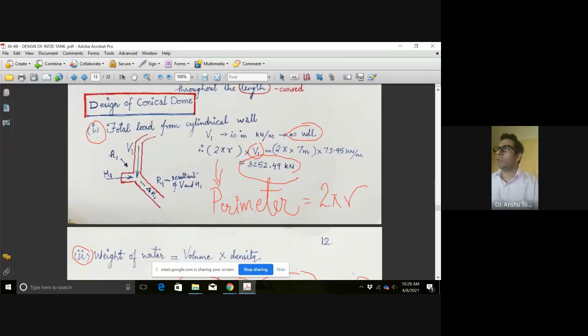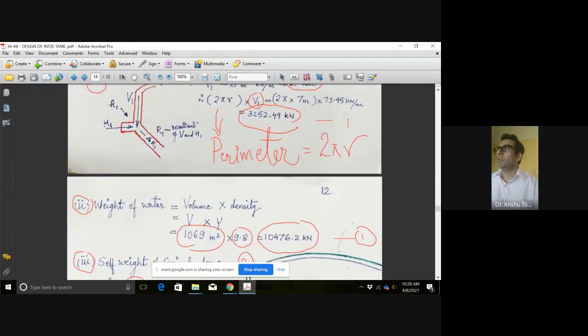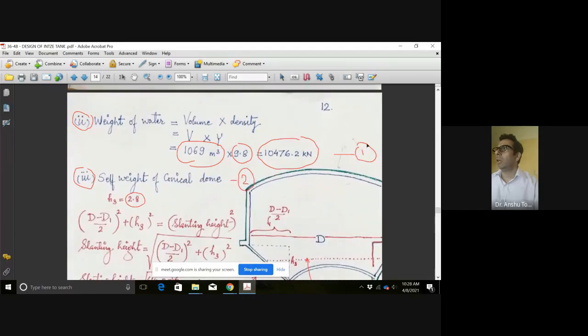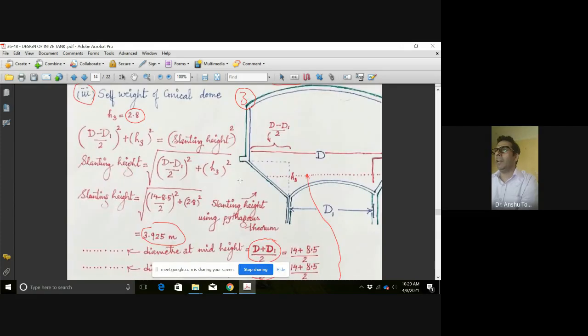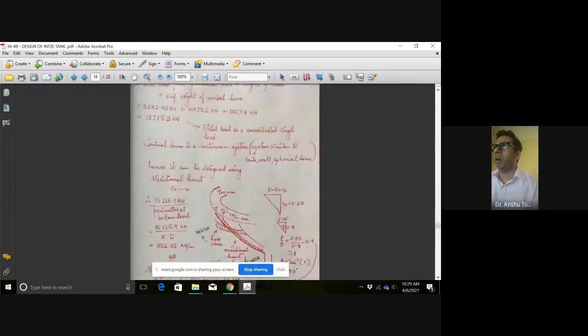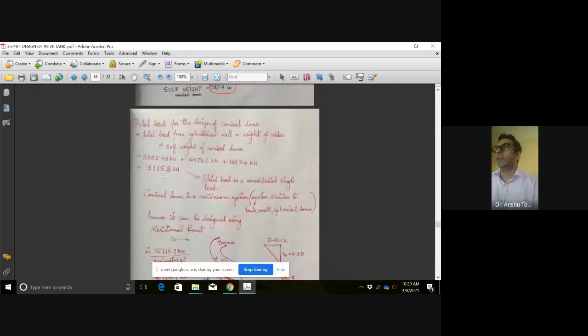So this is the first one, this is two, and the self weight of this is the third component. Adding all the three components, we will get the total load as this one, the total load as a concentrated single load.